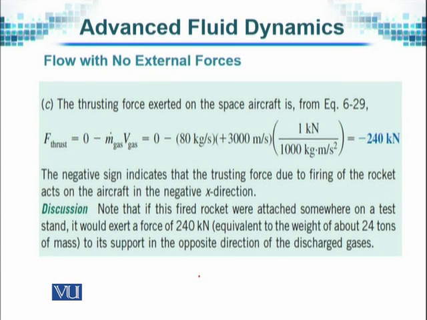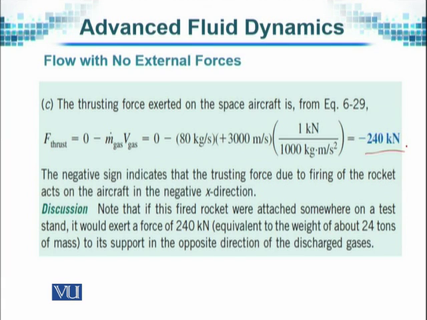And the thrusting force exerted on the spacecraft is from equation 6.2. Again, that is F equals ma. So the total forces have to be balanced, and they are equal to F equals 0 minus rate of change of mass of gas times velocity of gas. That turns out to be, when we substitute the values, 240 kilonewtons in the negative direction.